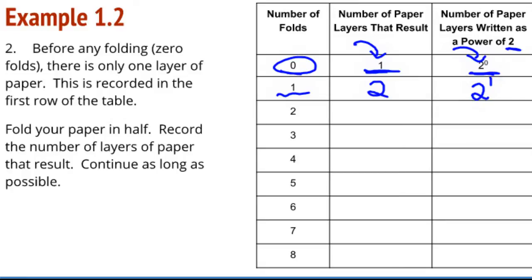Remember, we're folding the same direction every time. Now we've got 2 folds, and you should be able to count the corners. If you're folding in the same direction, and you look at one of the corners that's loose, you should be able to go 1, 2, 3, 4. And there are 4 layers, which would be expressed as 2 to the second power.